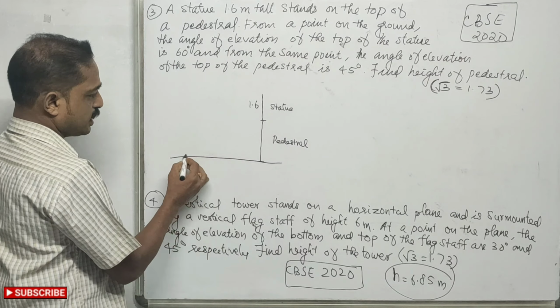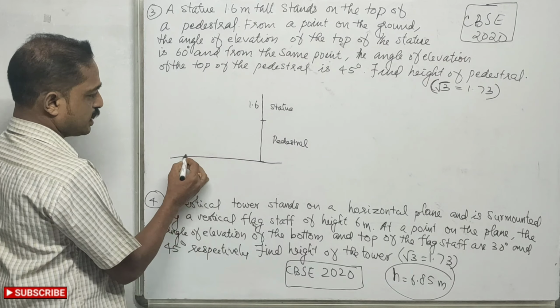X is equal to 1.6 plus h divided by root 3. Now we have got two values for x. From the first triangle we got x is equal to h, and from the second triangle we got x is equal to 1.6 plus h divided by root 3. Therefore, these two values of x must be equal.